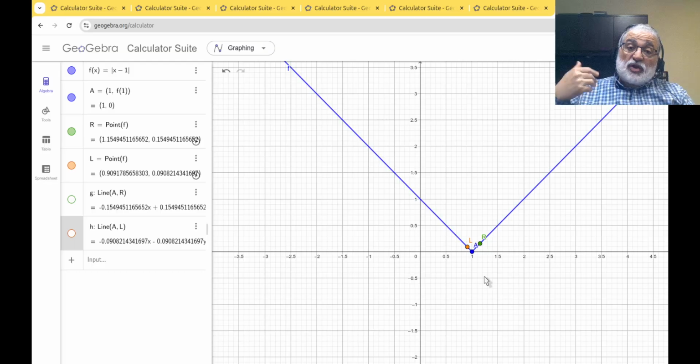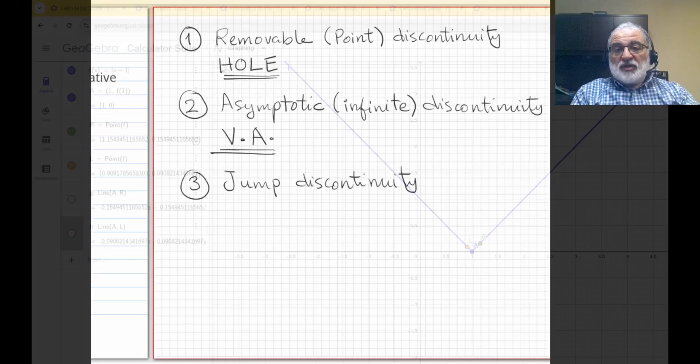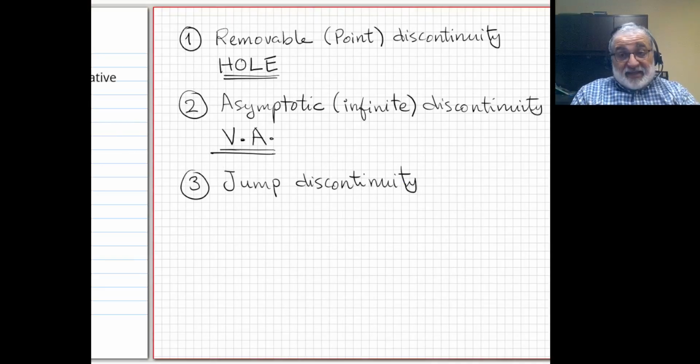So wherever we have a corner in a graph with a sudden change in curvature, at that point the function does not have a derivative and the function is said to be non-differentiable. So, what are, so far, the cases where a function does not have a derivative, where it is non-differentiable?